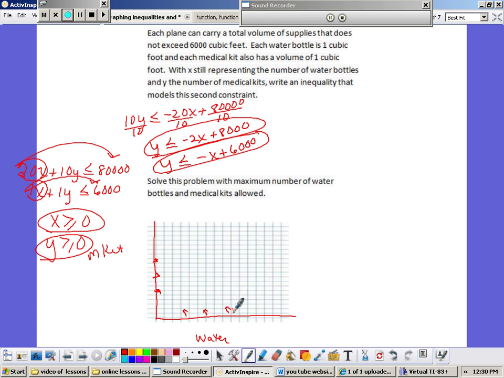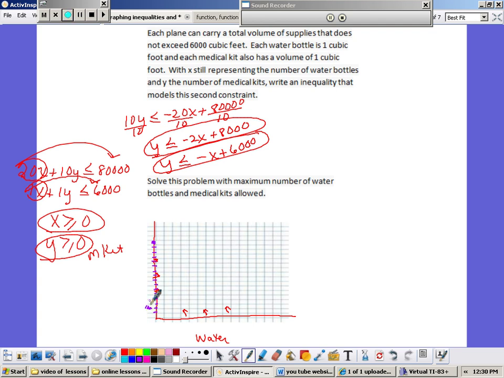Okay, so now I need to graph. Well, I definitely cannot count by ones to get to 8,000. Do I have enough room to count by 500s? 1, 2, 3, 4, 5, 6, 7, 8. Yep. Let me count by 500s.